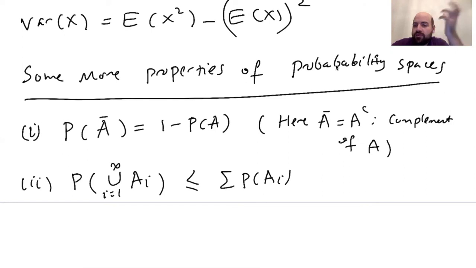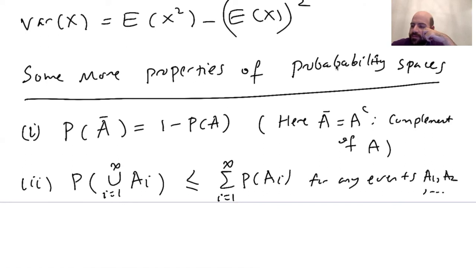But if I remove that condition, that equality becomes less than or equal to. So this holds for any events A1, A2, and so on.